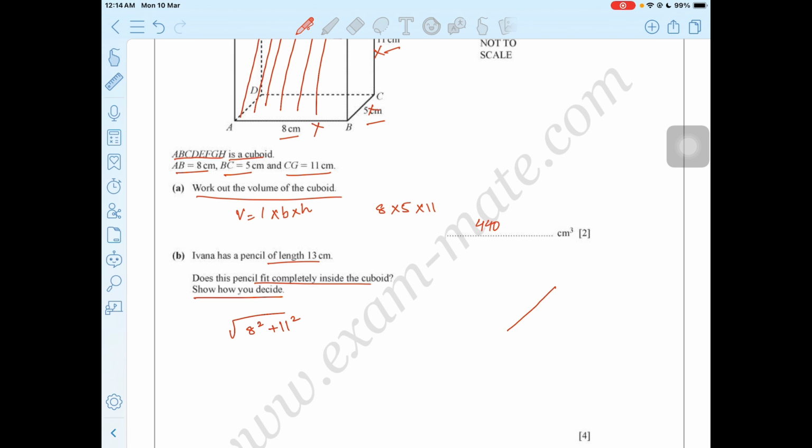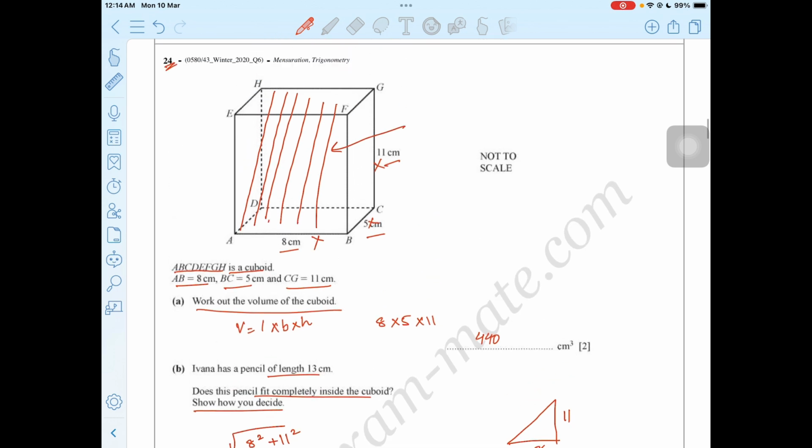Because we are keeping the pencil like this, and we have our base as 8 and our height as 11.